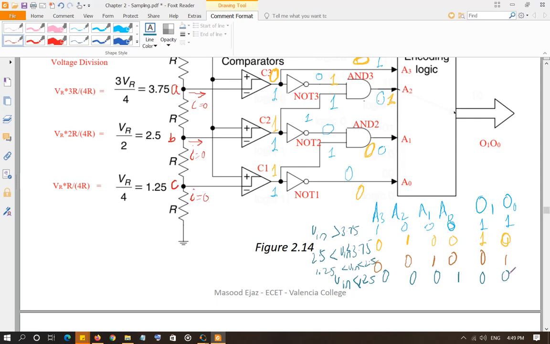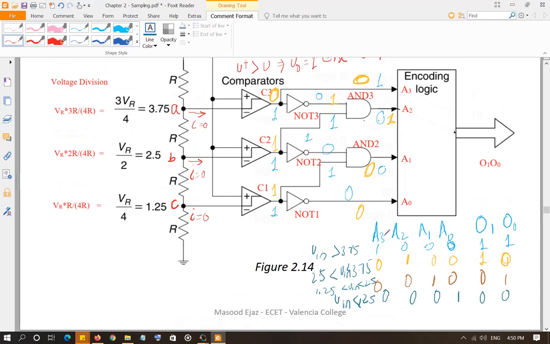It is producing the output bits in the same cycle. All the output bits are generated in the same cycle, as opposed to successive approximation or digital ramp. Okay. Now, how does this encoder work? To produce this output, basically we look at, again, the encoder logic you discussed in Digital 2, how to design an encoder. It is extremely simple.